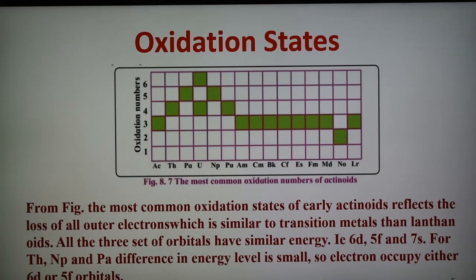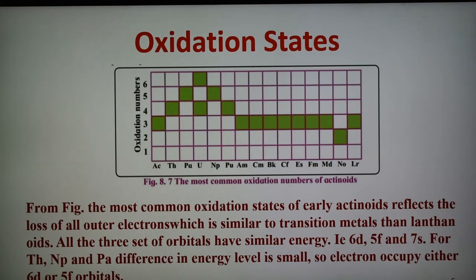So the minimum is +2, the maximum is +7. In addition, some oxidation states are stable, some are unstable. The +2 oxidation state in actinoids is very rare, and only one element is given, nobelium.